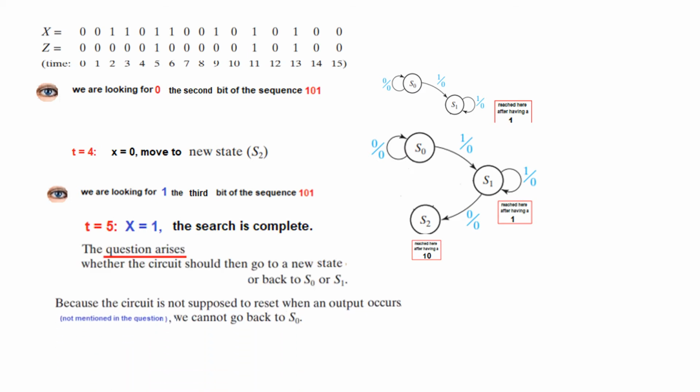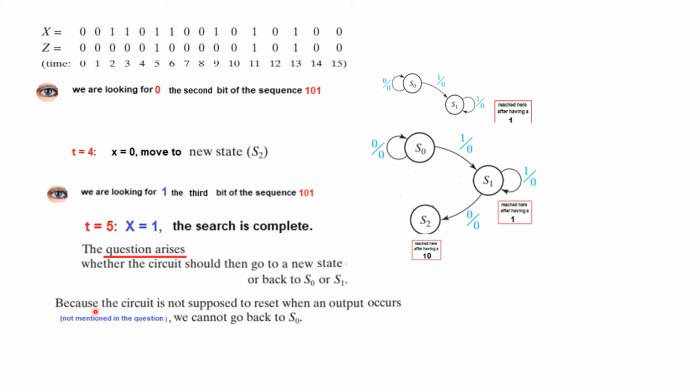The question arises where the circuit should then go, whether the circuit then should go to a new state or back to S0 or S1. So first of all, we'll see whether we can either be between the two. If we can't accommodate, then we will go to the new state.